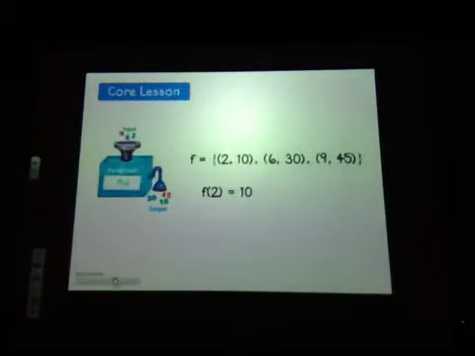What that means is that the input of 2 has an output of 10. So what if I ask, what is f of 9 equal to? Well, we have to look at the input of 9, and we see that the output is 45. Therefore, f of 9 is equal to 45.